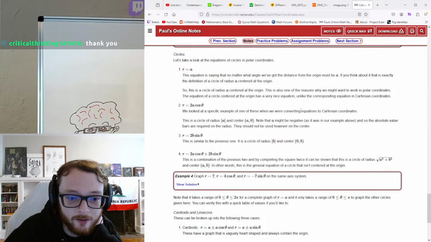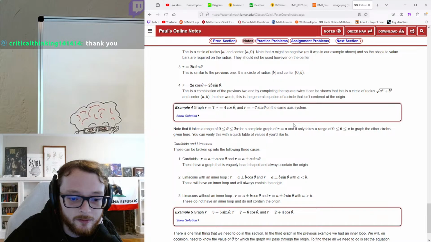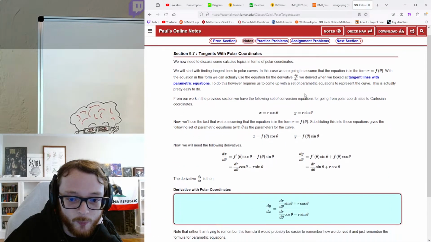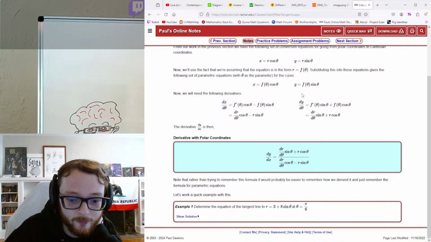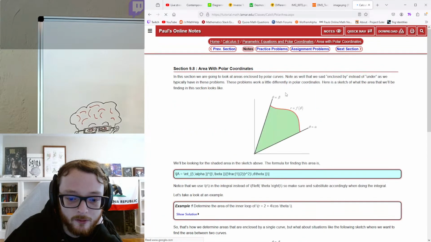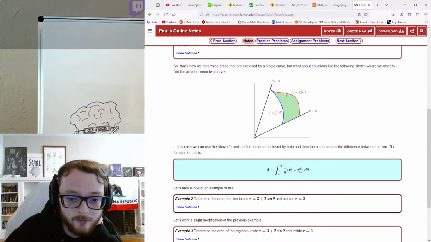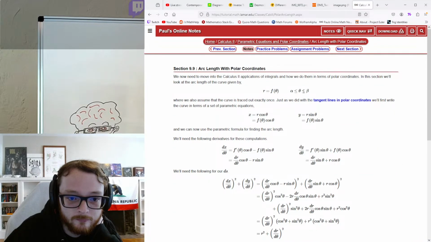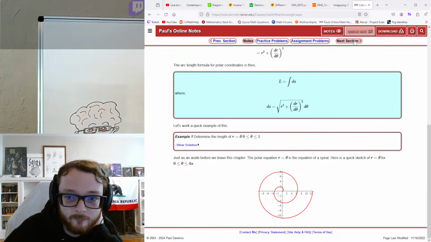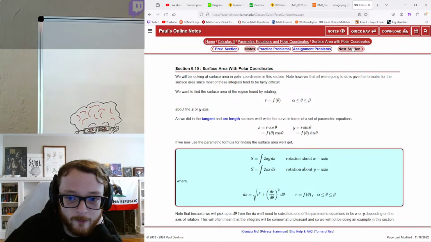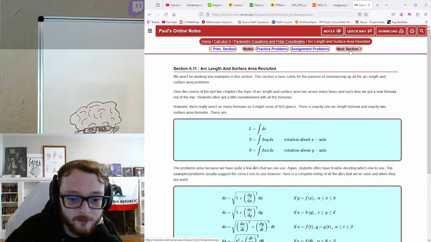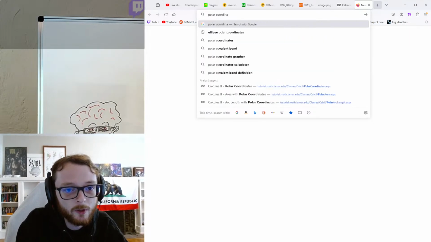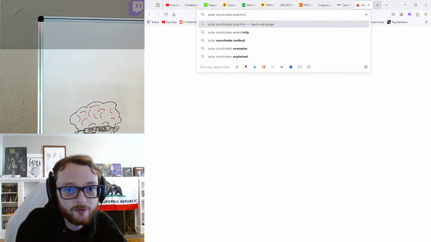Identify the conic. I don't know how we're gonna do that. I assume we have a menu of choices that we have to choose. Does Paul not do this? I guess Paul doesn't do it. Polar coordinates eccentricity.